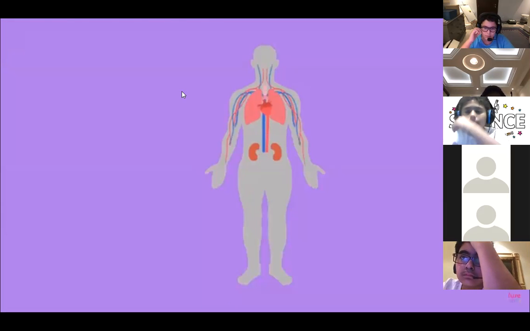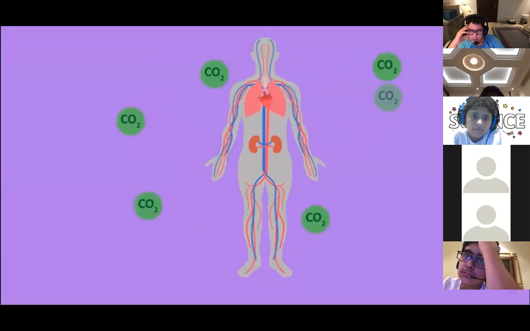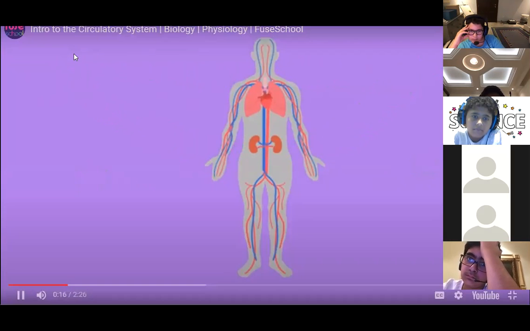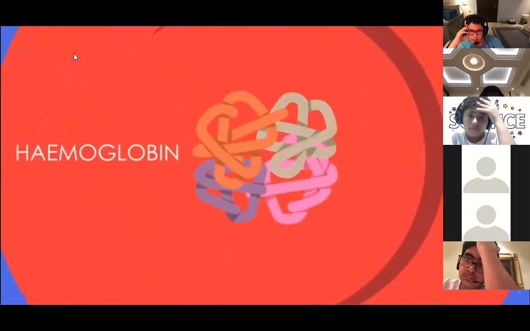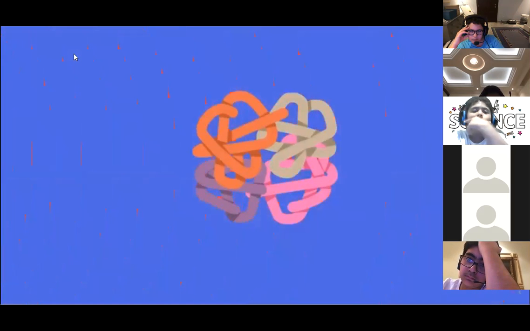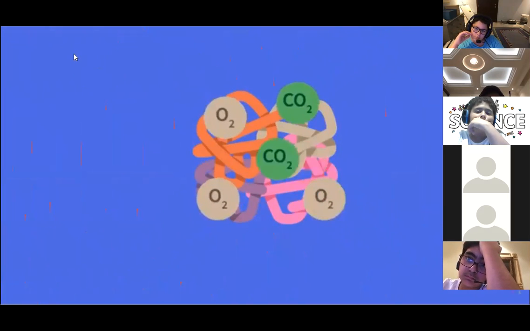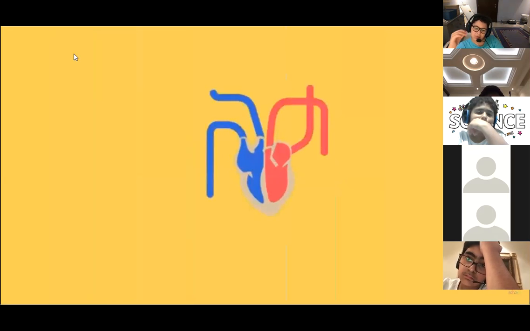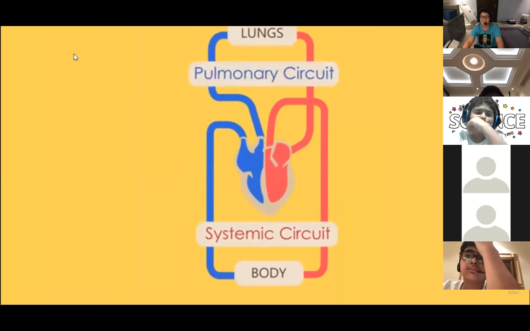The circulatory system works to transport oxygen and nutrients to cells in your body while removing waste products such as carbon dioxide at the same time. Hemoglobin, which is the protein present in red blood cells, serves as the main transporter, much like a school bus, with oxygen and carbon dioxide being able to hop on or hop off at the correct destinations. This system is actually a double circulatory system, made of 2 circuits, the pulmonary circuit and the systemic circuit.